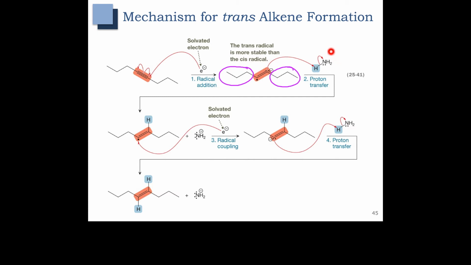We then have the proton transfer step where it picks up a hydrogen from ammonia, another electron from another equivalent of sodium then comes in to our radical to convert it to an anion. This is a radical coupling step. And finally, we have one last proton transfer step from another equivalent of ammonia to get to the trans alkene.